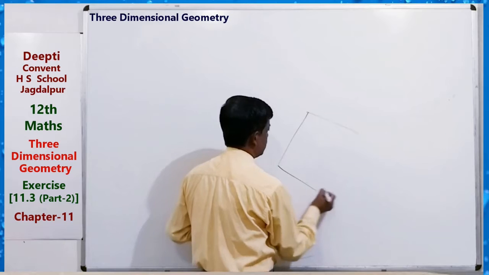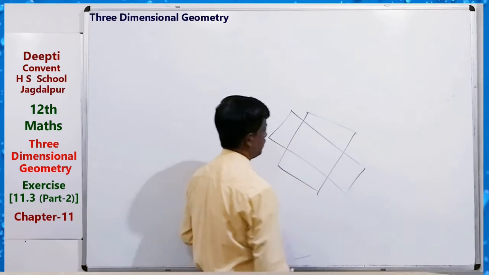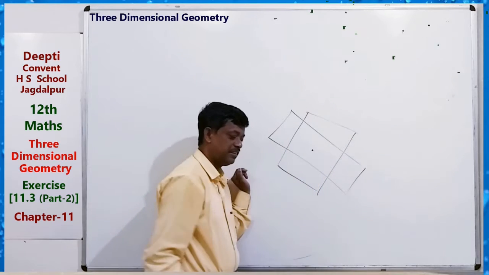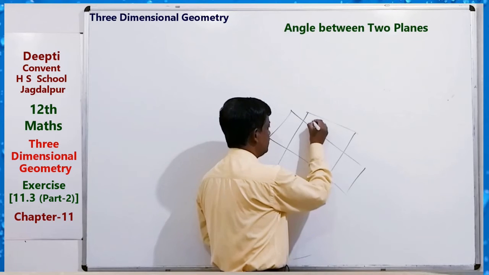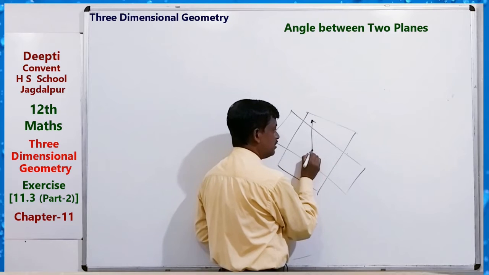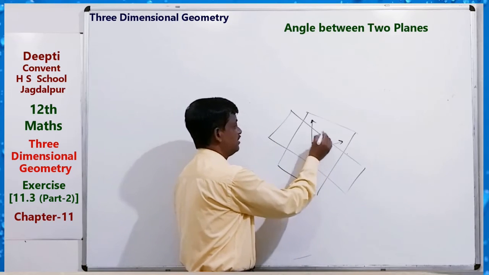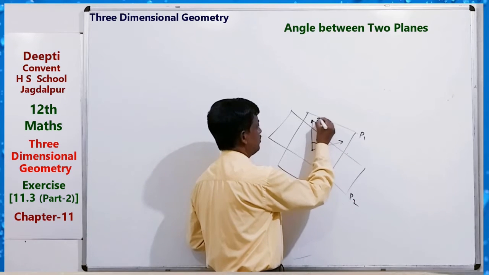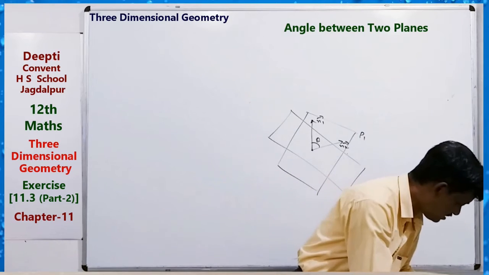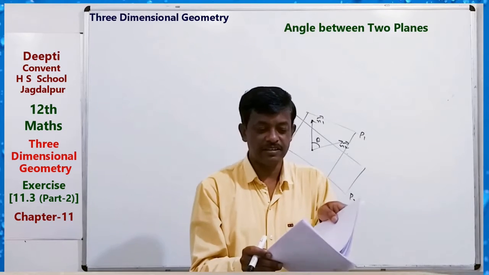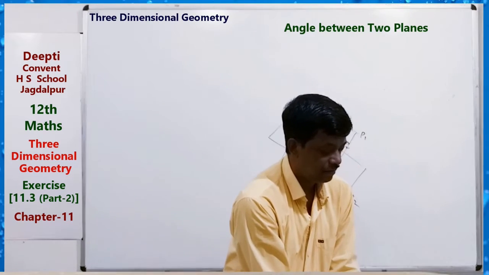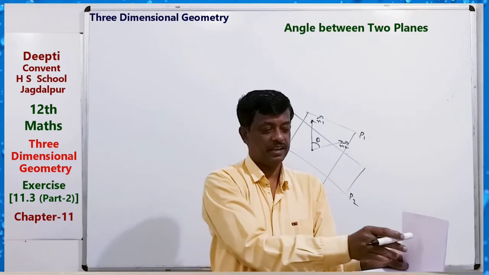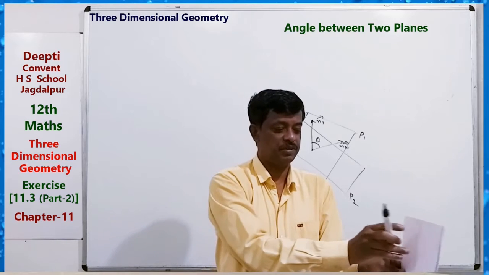Suppose this is a plane and this is another plane, both intersecting. Suppose this is the normal of one and this is the normal of the other. If we take these normals, then the angle between the two normals is the same as the angle between the two planes.